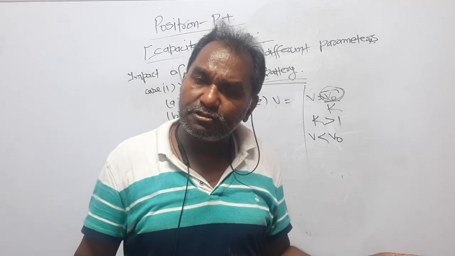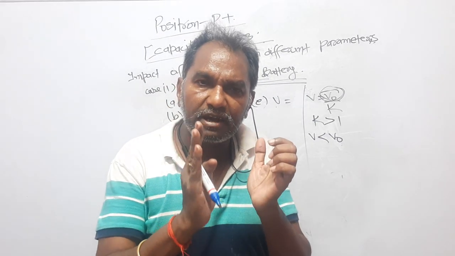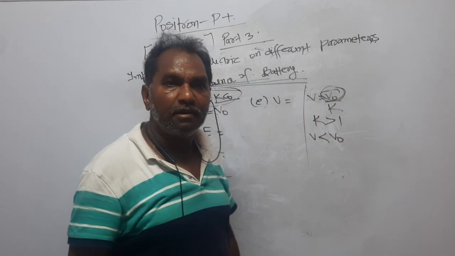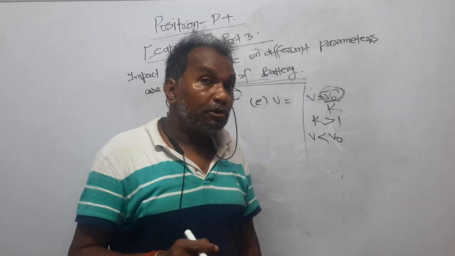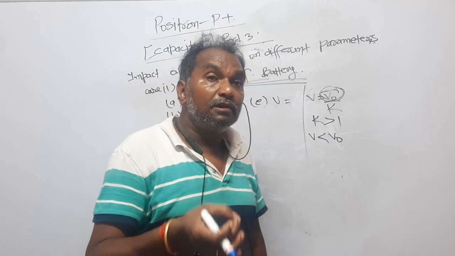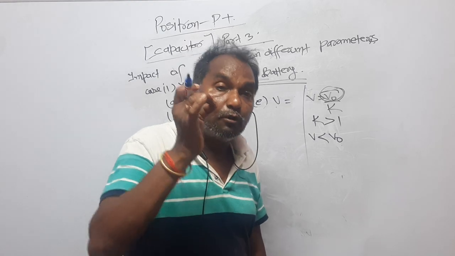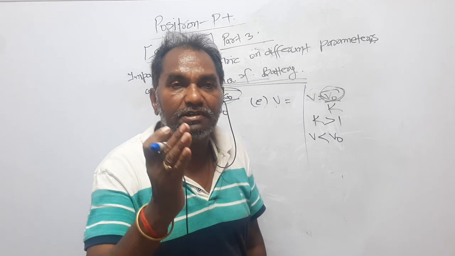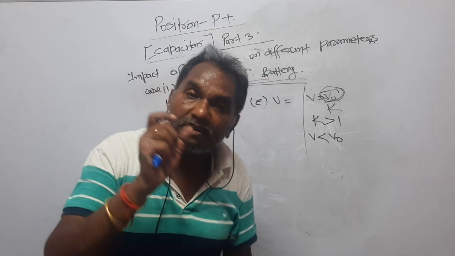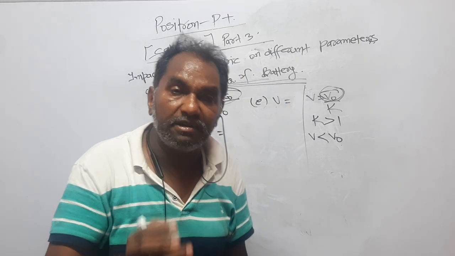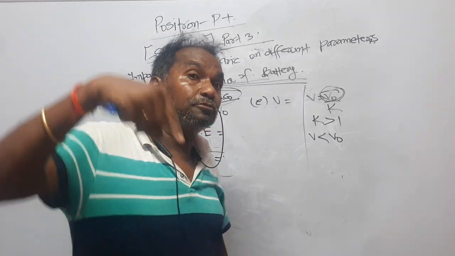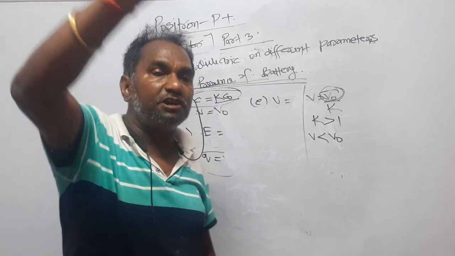Let the battery not be connected to the plates of the capacitor, and you have introduced the dielectric, then V is equal to V naught by K. Potential is reduced. Now, potential is reduced means you have a chance to give more charge to the capacitor so that it can reach the same potential level. But as soon as you connect your capacitor with the battery, it will get more charge and then it will reach the same, initial potential level.